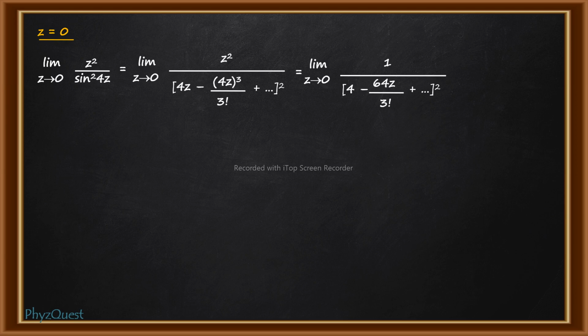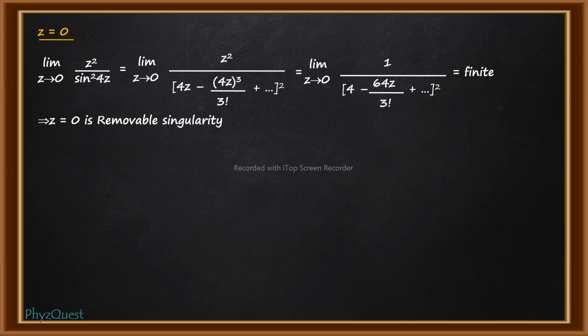Which ultimately gives a finite value, whatever it is. As we have discussed earlier, when limit z tends to z0 the function gives a finite value, it means it is a removable singularity. So this clearly shows that z equal to 0 is a removable singularity. Now a removable singularity will not contribute towards the residue theorem. So that means this singular point we don't need to consider.